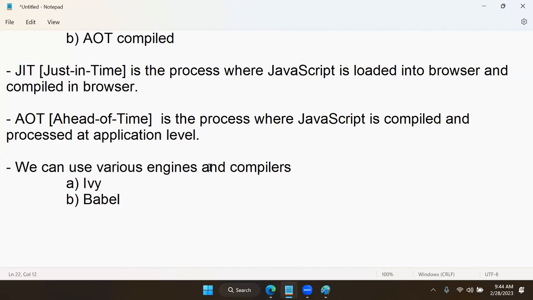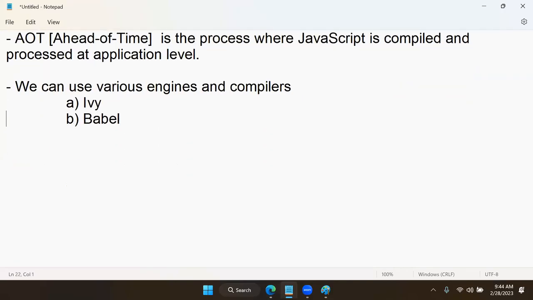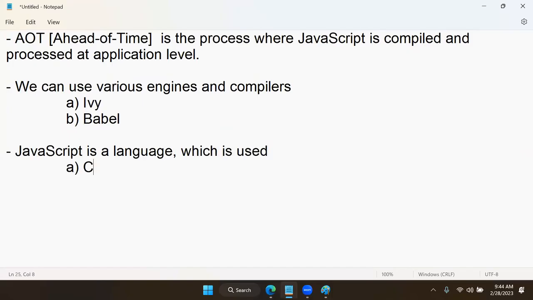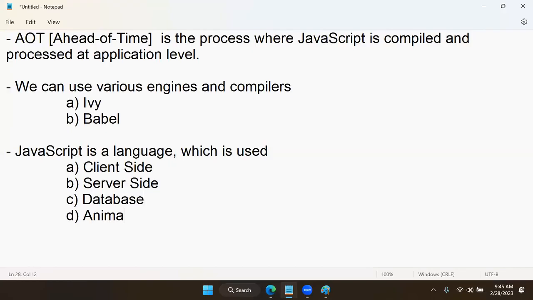Remember, JavaScript is a language which is used client side, which is used server side, which is used in databases, and with various animation tools also.